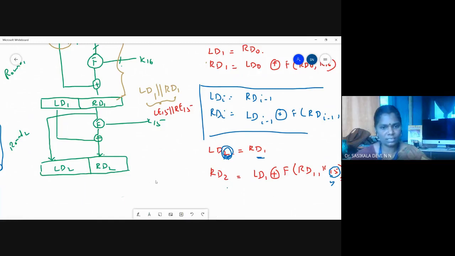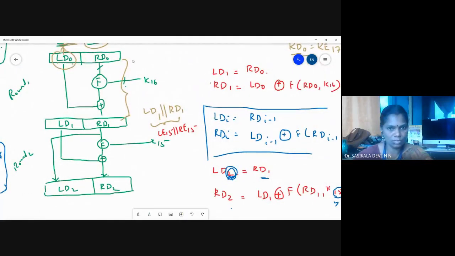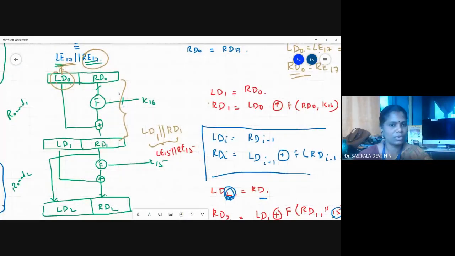You just understand, just a proof here. This round is to undo the effect of the 16th round of decryption. The input is LD0, RD0, which we derived differently. The expected output is LD1, RD1, that should be equal to LE15, RE15.